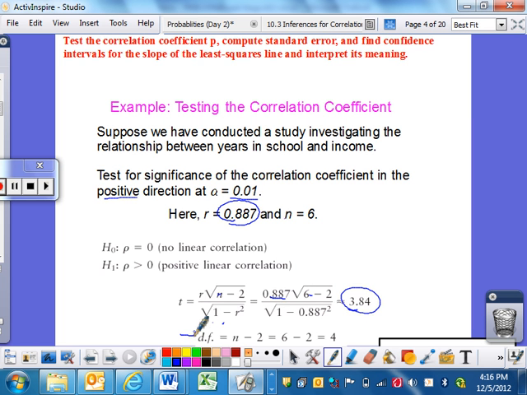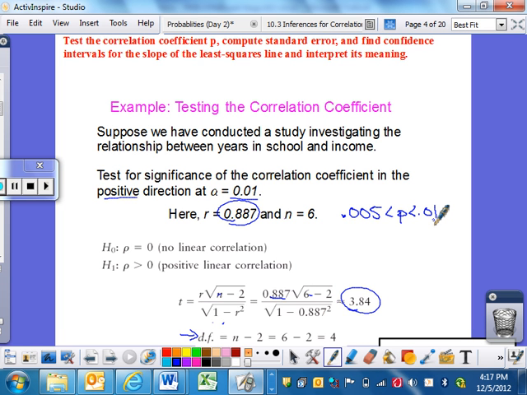What's different is your degrees of freedom is 4. So what you need to do is go to your t-table, or your blue chart, degrees of freedom 4, and 3.84 happens to fall between, at the one-tailed test. See, it's a one-tailed test, 4 degrees, 3.84 falls between .005 and 0.01.